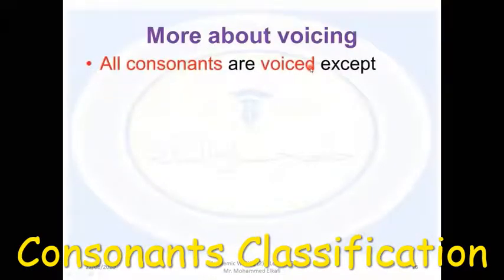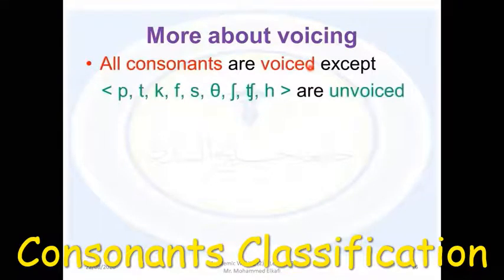Let's see more about this point. More about voicing. All consonants are voiced except pa, ta, ka, fa, sa, tha, sha, cha, and ha, which are unvoiced, or even we call them voiceless. When we say unvoiced or voiceless, they have the same meaning.